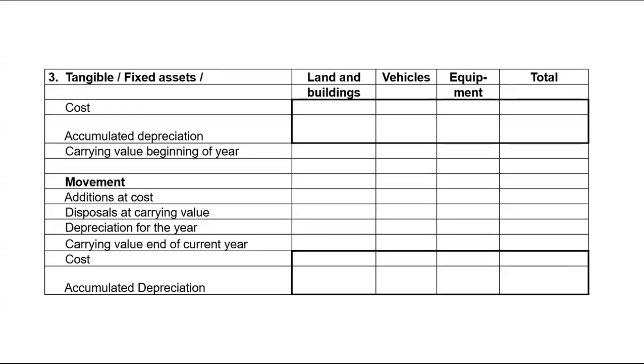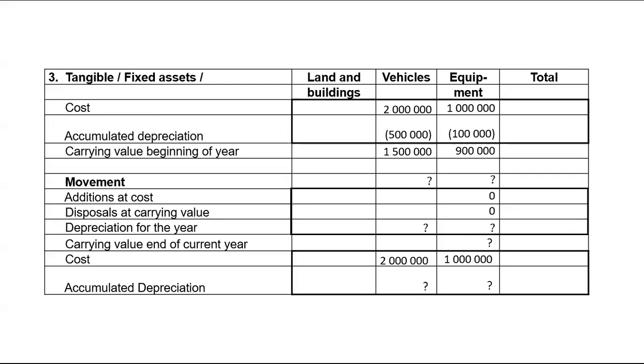We only have totals, so I'm going to work with totals only, because we were only given totals. So we have cost at the beginning, which is the cost of all our assets, which will be 8,138,600.